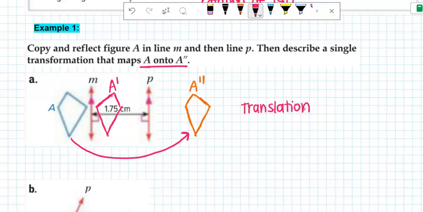Okay, and our distance is going to be double the angle, or I'm sorry, not the angle, the distance between the lines. So we're going to double 1.75, which would give us 3.5 centimeters. So our final answer would be not only drawing the shape, because that's what it asked for, but that this is a translation 3.5 centimeters.